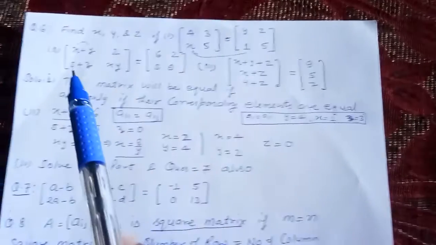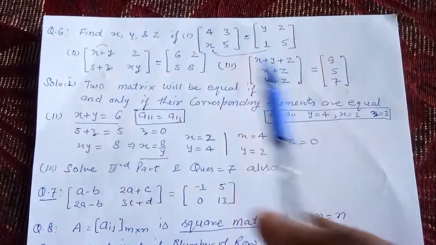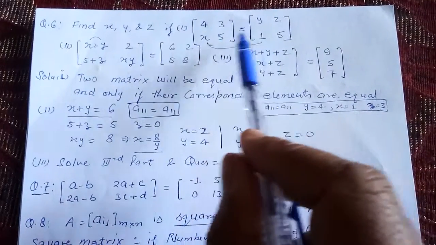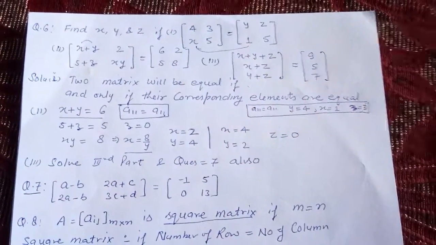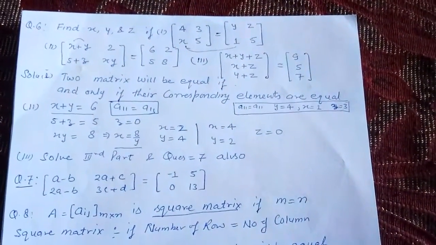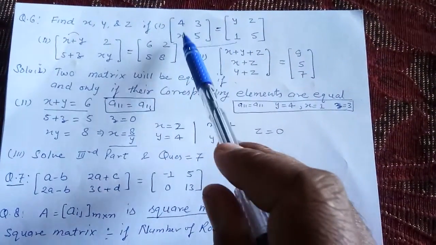Now see the 6th question. Find x, y and z if A equals this one. Two matrices are equal if and only if their corresponding elements are equal.